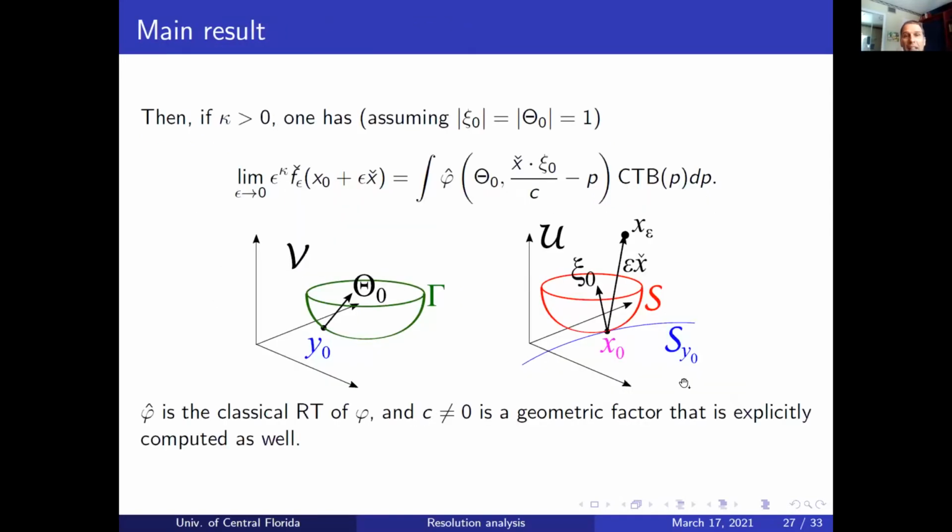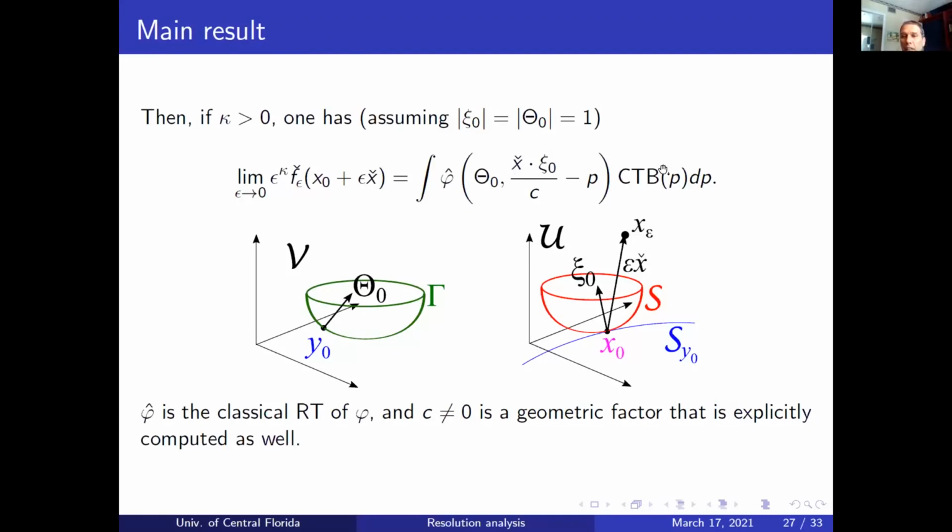And this is the main result. So suppose kappa is positive. Then on the left, we have this limit that gives the discrete transition behavior. And it turns out the discrete transition behavior is given by this convolution.